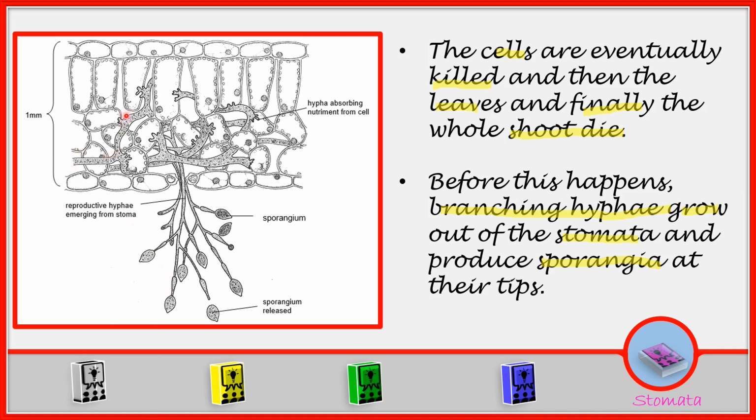As you can see, the hyphae here are growing internally in the leaf mesophyll area, but they produce branches which go out of the leaf, and at their tip they produce the sporangium.